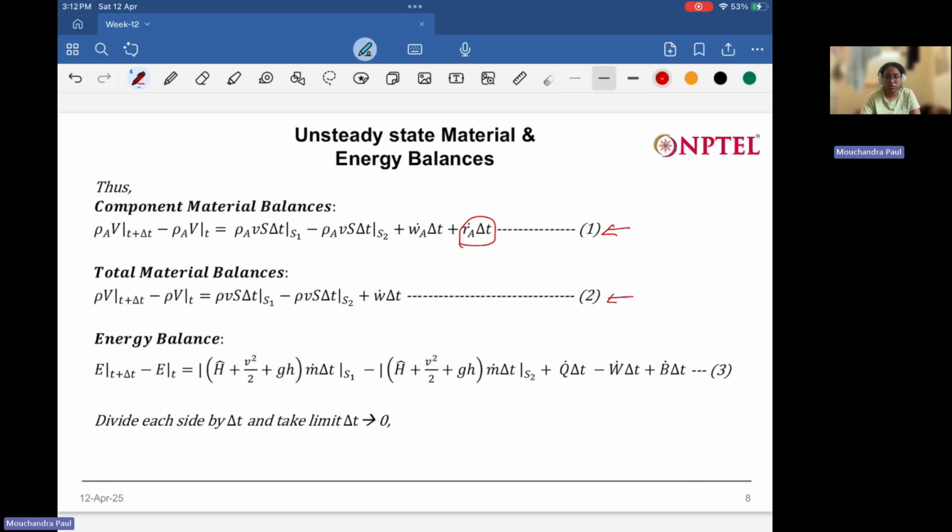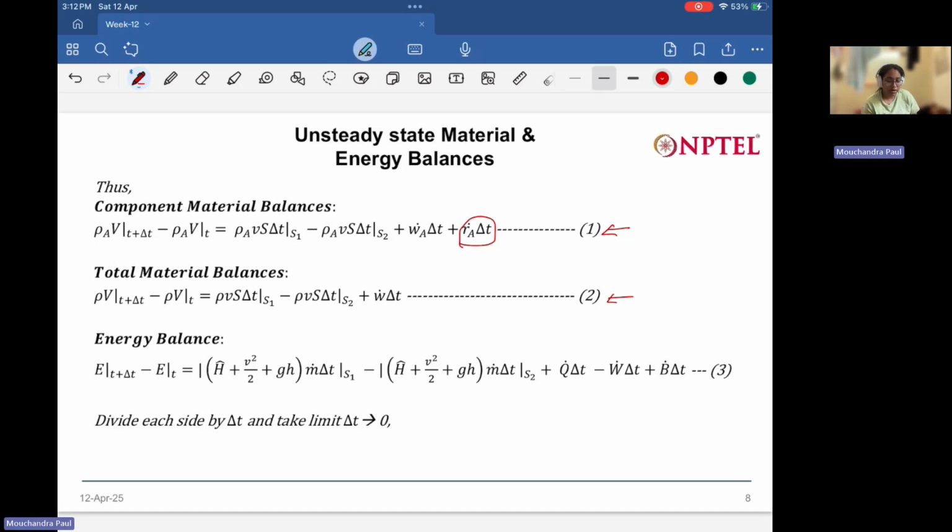Because you will apply the law of conservation of mass, that term will be removed. Other than that, here the density will be the net density of all the materials. So we are not taking rho A, instead we are writing rho B, and the rest all remains the same.